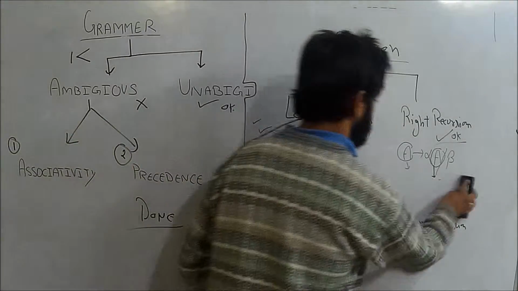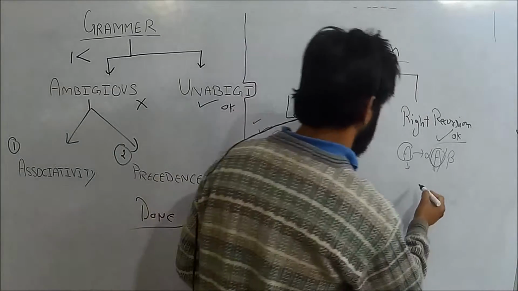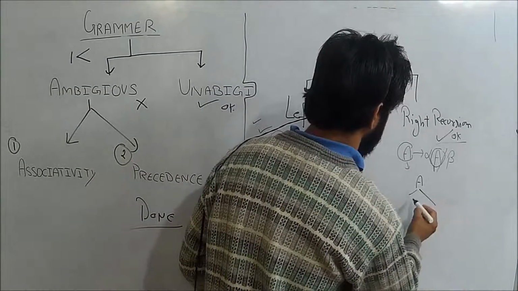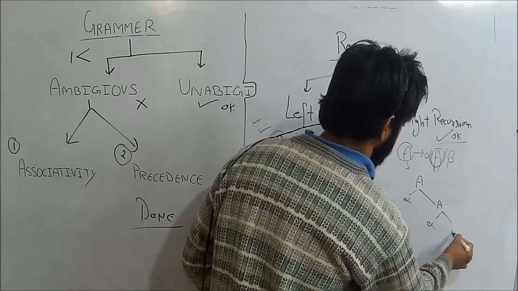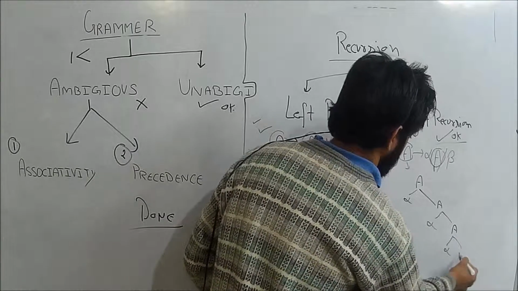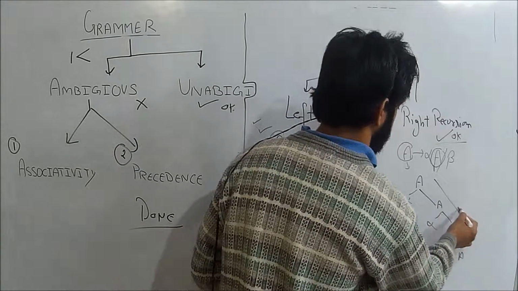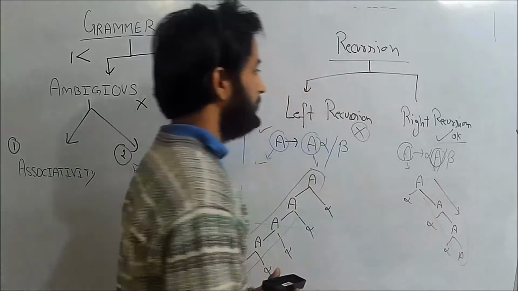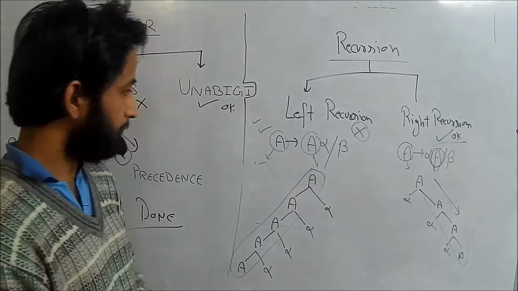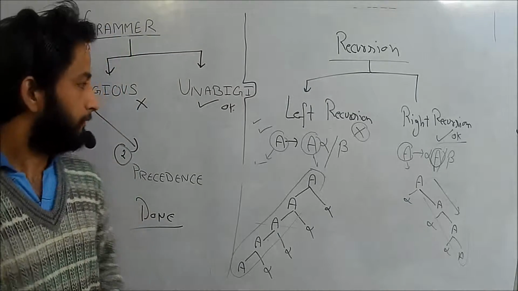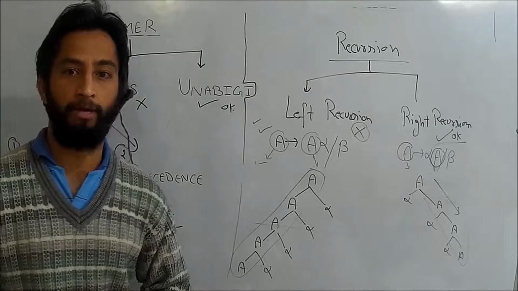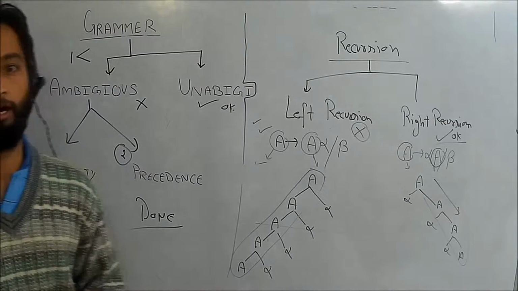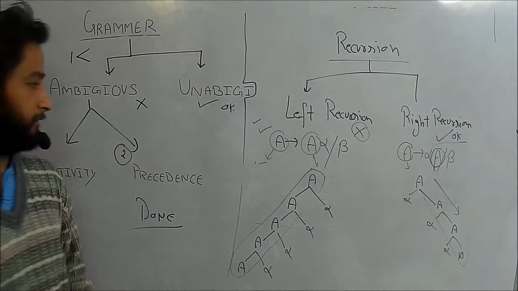But in the other case the expansion of the parse tree is along the right direction, so this is the case of right recursion. Once we have identified that the given grammar has left recursion, now we will see how to resolve that left recursion.